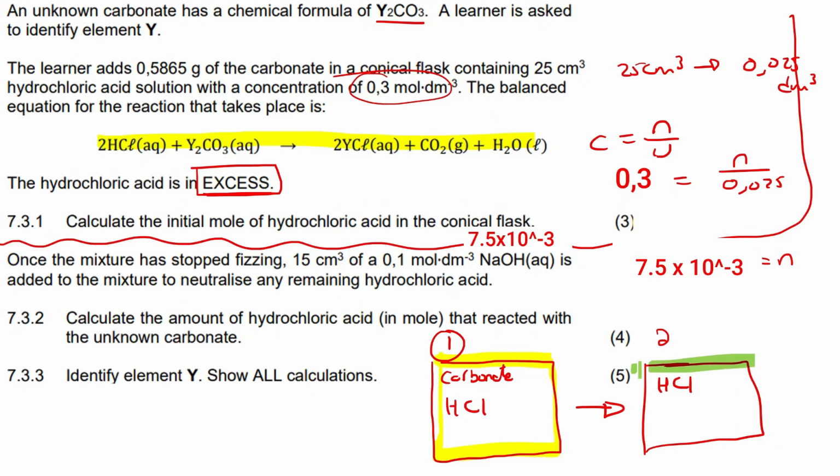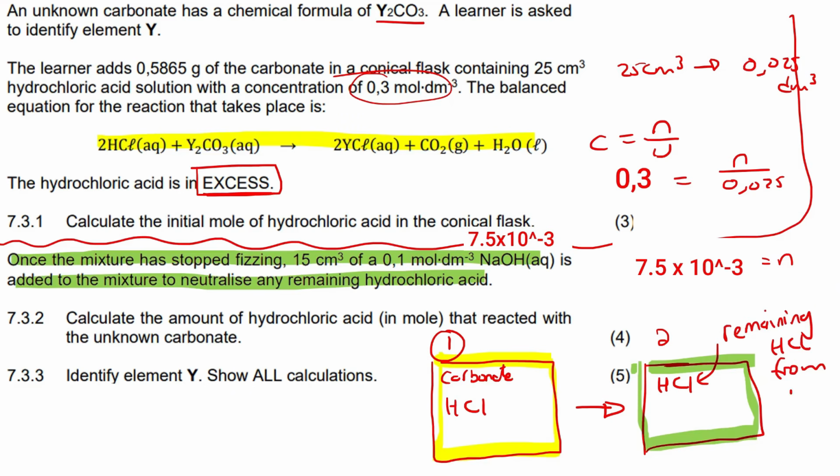This is now phase 2 of the question, and that's where we start going into this one over here. So this HCl is the remaining HCl from reaction 1. But the carbonate is no longer there because the carbonate has been reacted. So what we can now do is move on to this part of the question.